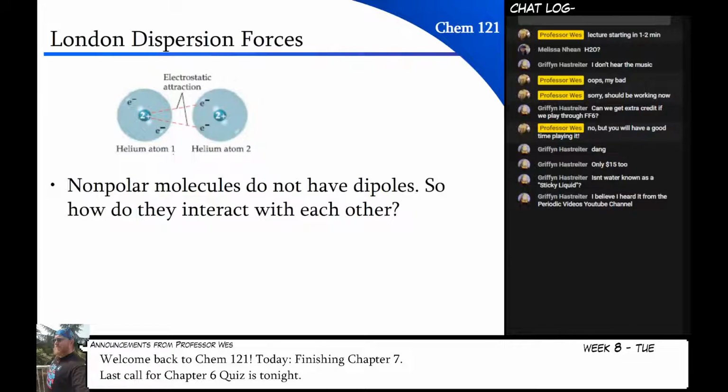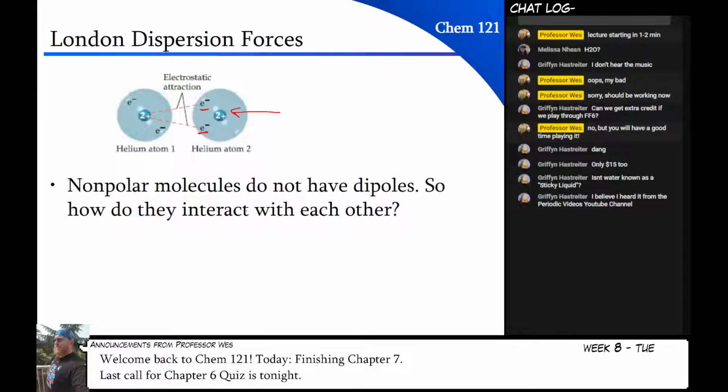Then at any given time, I could have both of my electrons on one side of the atom, and the other side does not have any electrons at all. In other words, the nucleus would be exposed, and something else looking from the outside could see it, right?